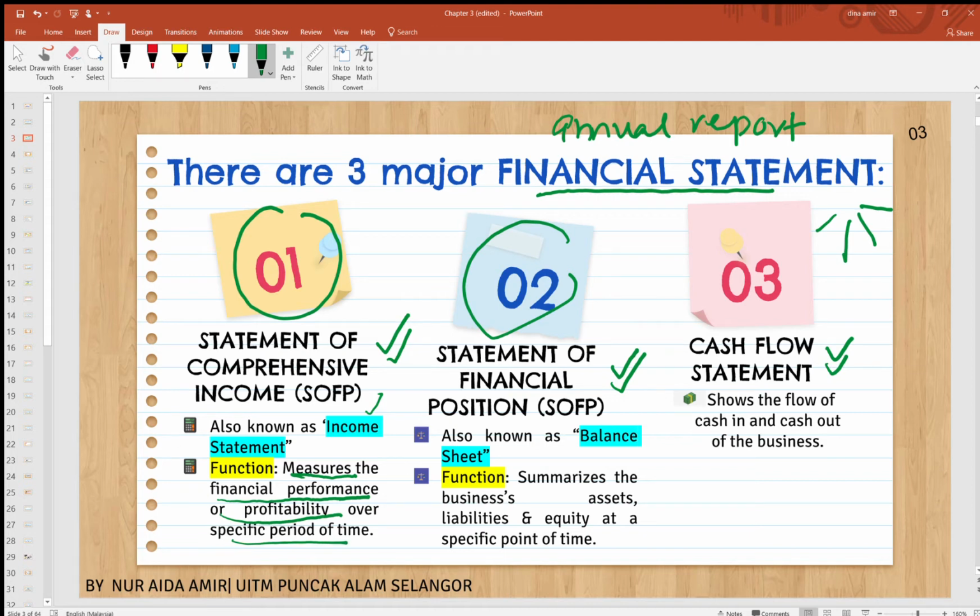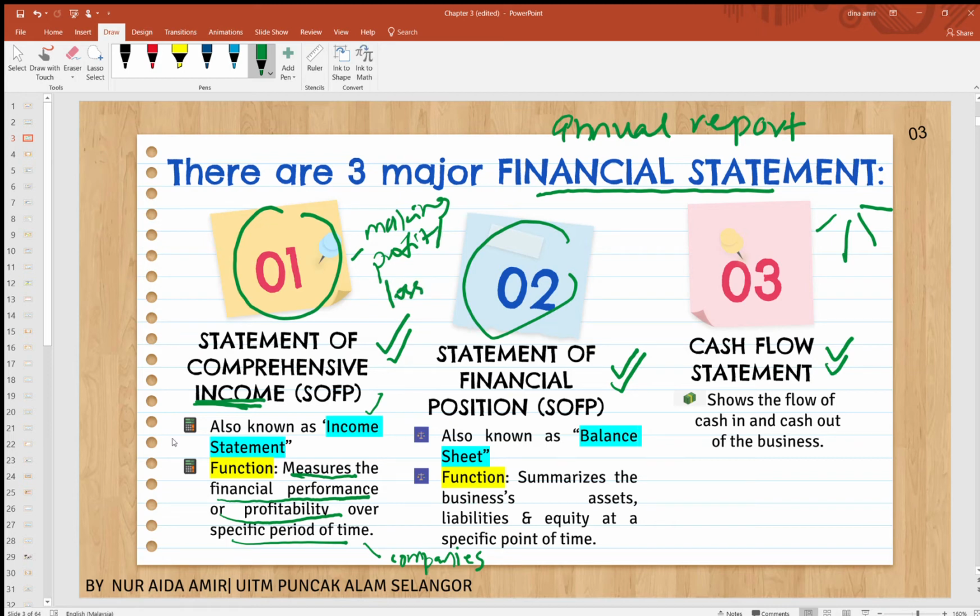For example, you want to see the company's current situation, whether the company is making profit or not. You can see it on the statement of income, because it will show whether the company is making profit or loss.